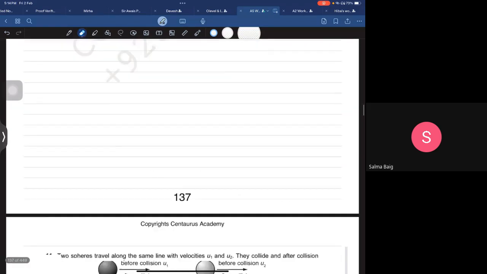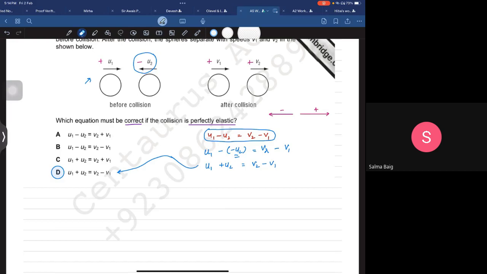Why not A? Okay. Why do you think it would be A? Only u has the opposite direction. Yeah, exactly. This is what we're talking about. Think about it this way. This is the real equation, right? If I put in the values, plus u1 minus u2 equals plus v2 minus plus v1.